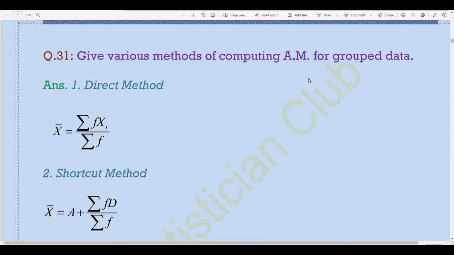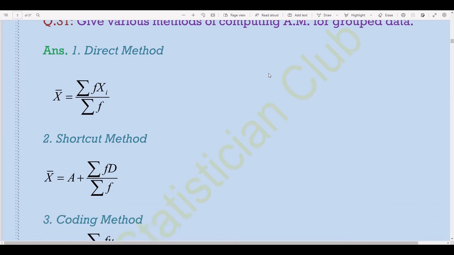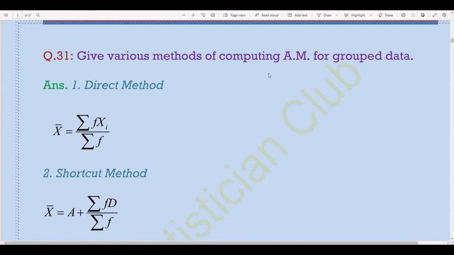Give various methods for computing arithmetic mean for group data. The names of the different methods, as you know, to compute arithmetic mean: we have three methods, direct method, shortcut method, and coding method. Each formula is divided into two categories: for group data and for ungrouped data.